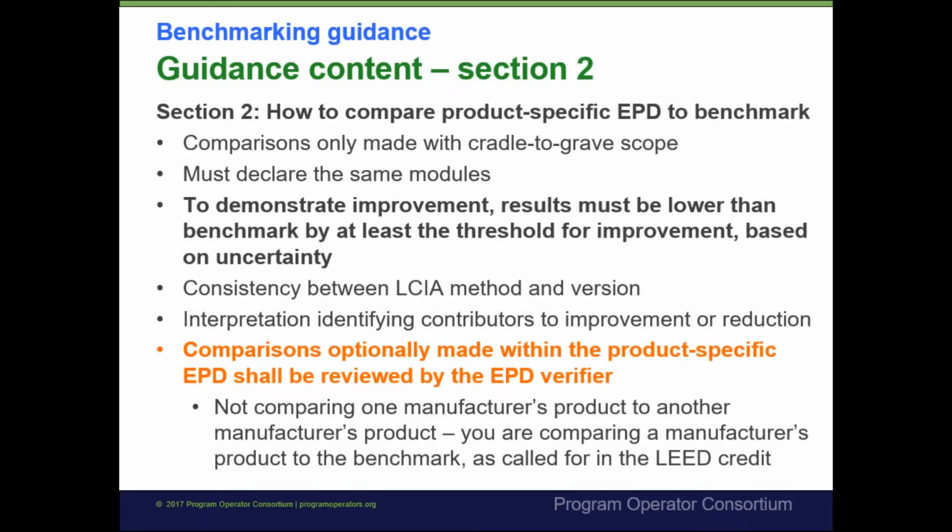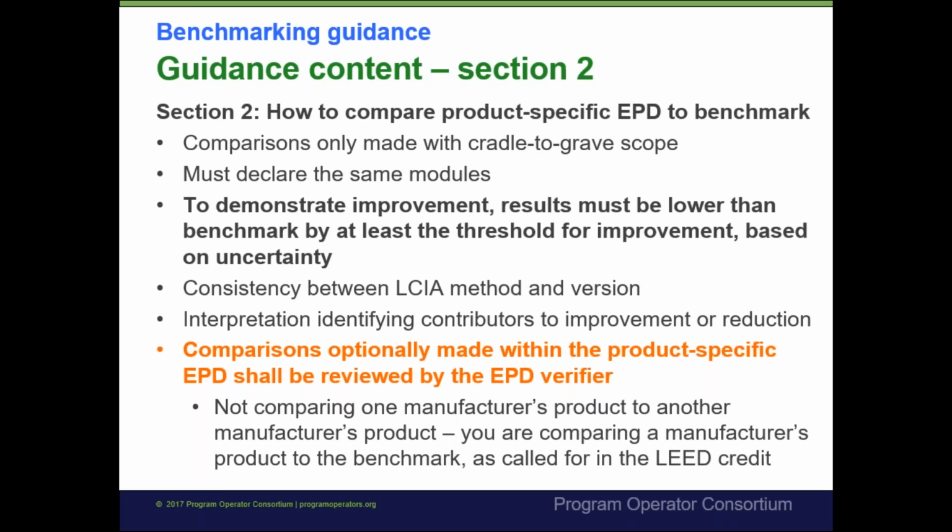So in section 2, for making comparisons, the product-specific EPD and industry-wide EPD must have the same modules with the same cradle-to-grave scope and show improvement based on the quantitative uncertainty of the industry-wide results, since uncertainty is likely to change depending on the product and the industry and the data collected.